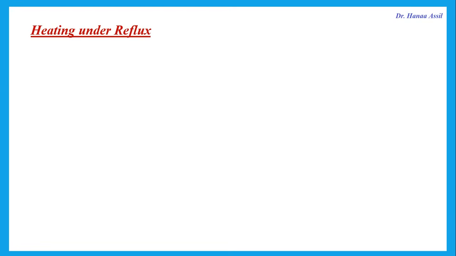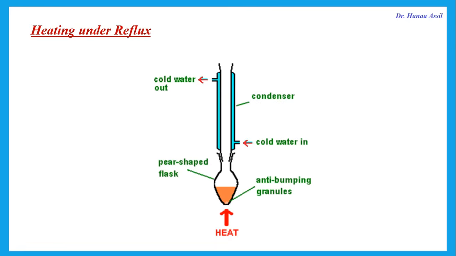When do we do heating under reflux? We do heating under reflux if we want to heat a reaction mixture for a long time, so that I make sure that the reaction is complete, but my reactants are volatile. So I have to keep the condenser vertical like this in order to prevent the escape of volatile reactants.